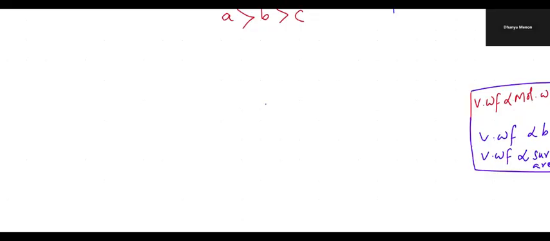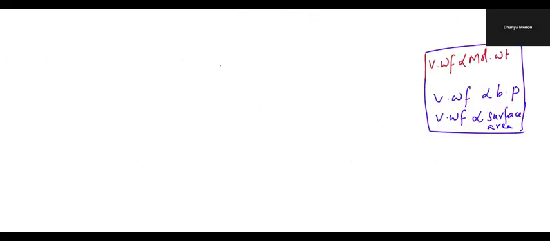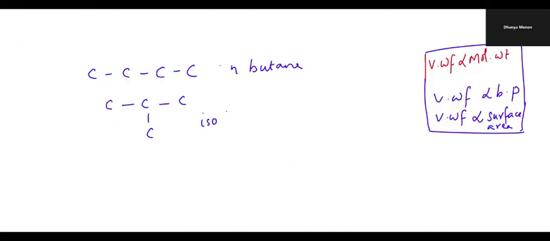For example, if I say butane, there will be 4 carbons. This is normal butane, a straight chain. And I have isobutane also, 1, 2, 3, 4. This is the branched one, isobutane. Who will have higher surface area? Both of them are isomers, so they will have the same molecular weight. Definitely normal butane has more surface area, so the van der Waals force will be more.